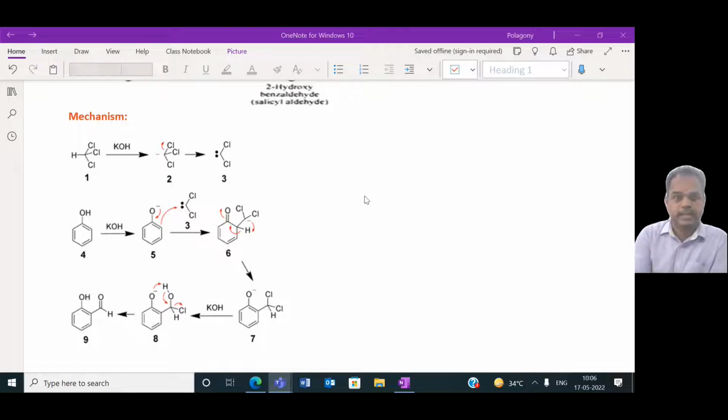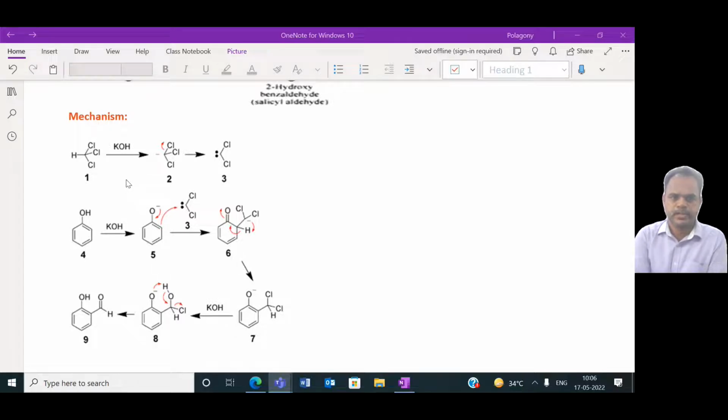When the chloroform reacts with the aqueous solution of potassium hydroxide, the strong base will abstract the proton from the chloroform. The proton is taken, which is called deprotonation.